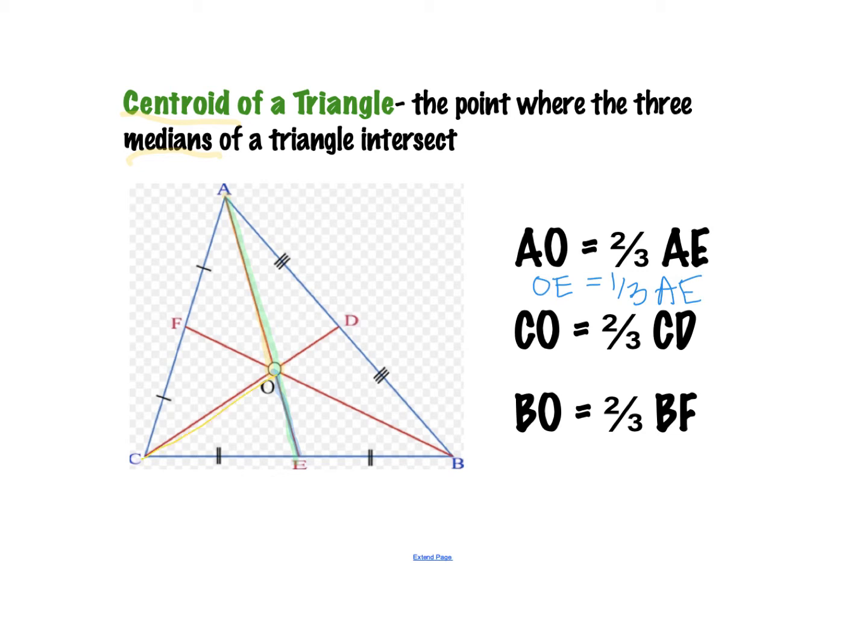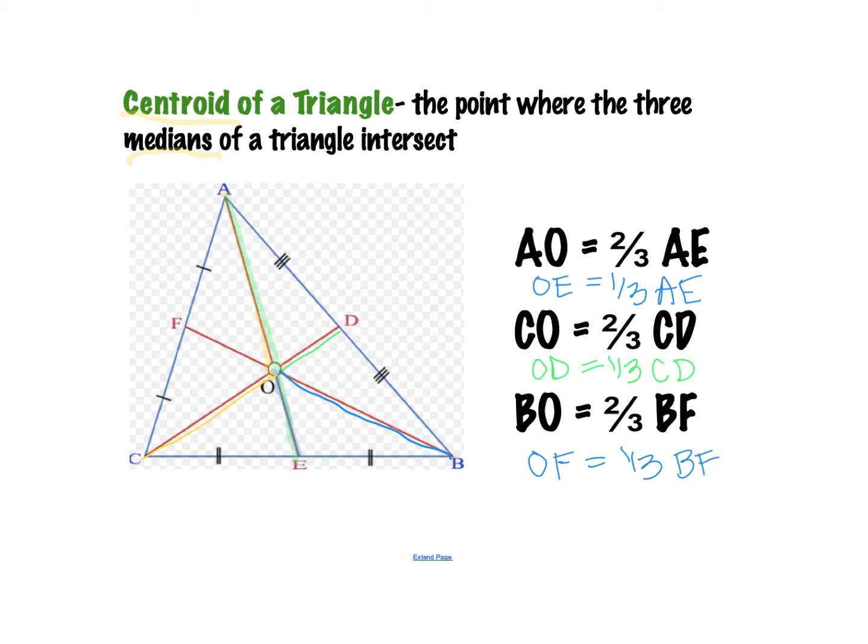From C to O is 2/3 CD, which means from O to D is 1/3 the whole median CD. And lastly, from the vertex B to the centroid O is 2/3 the whole median BF, which means from O to F is 1/3 the whole median BF.